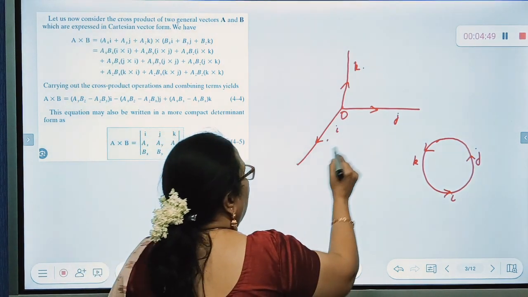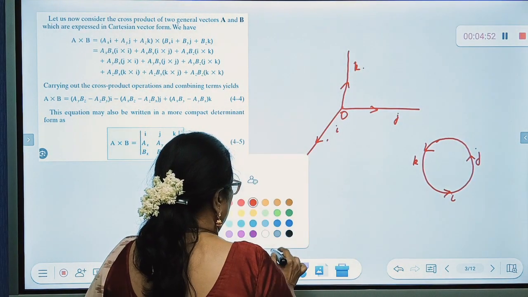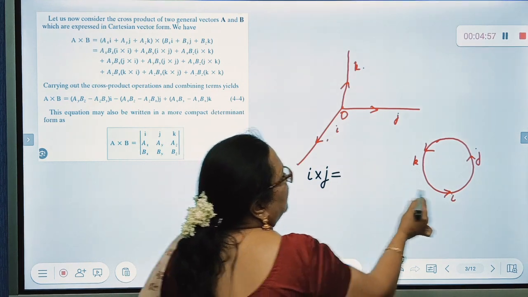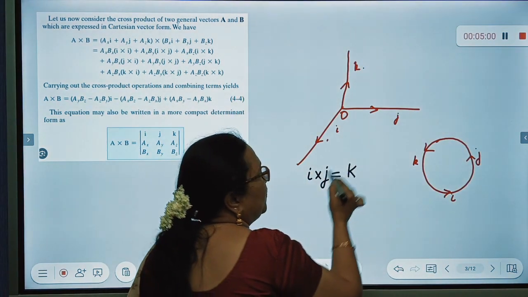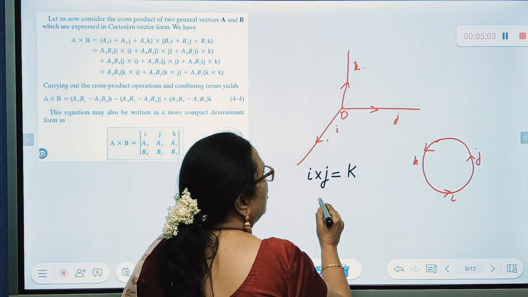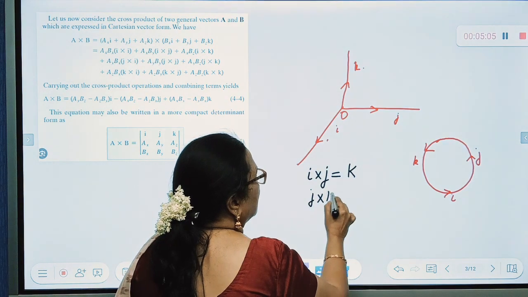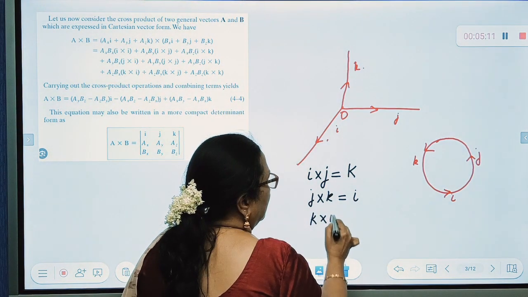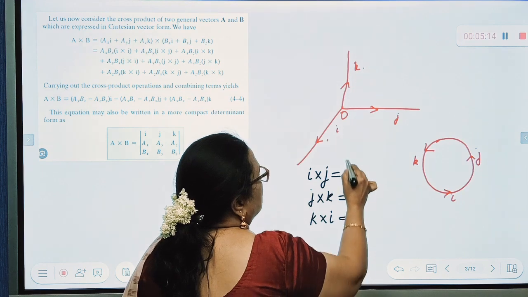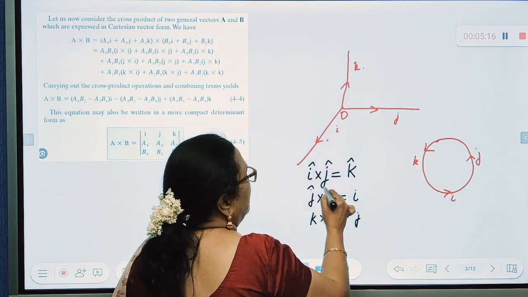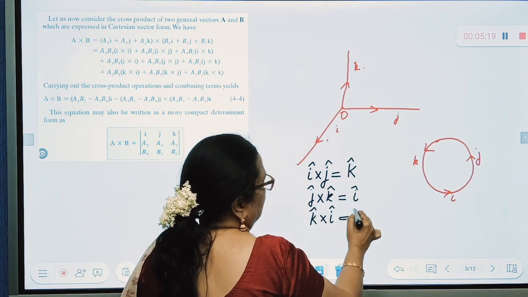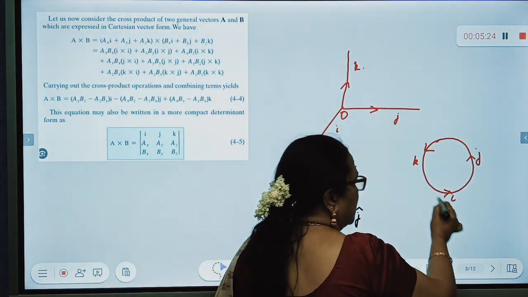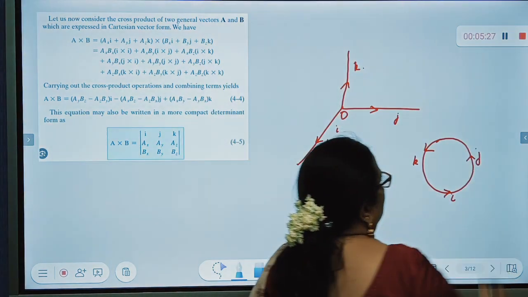Now, if you look at i cross j, if I go like this, it is k, because I have to maintain the direction. Now j cross k will be i. K cross i will be j. In order to remember this, remember the circle. i cross j is k, j cross k is i, k cross i is j.